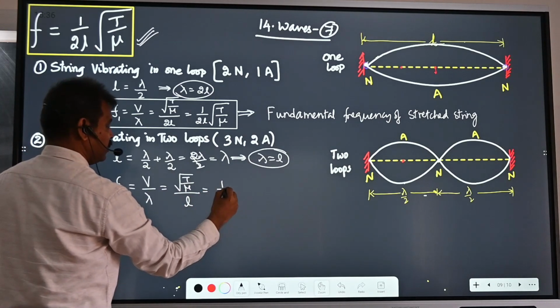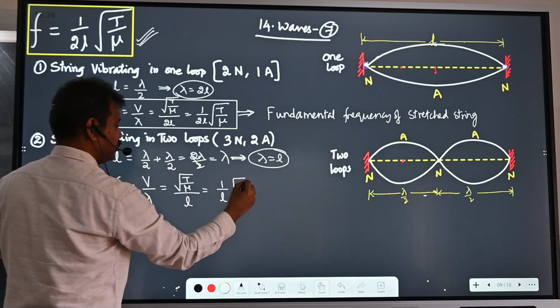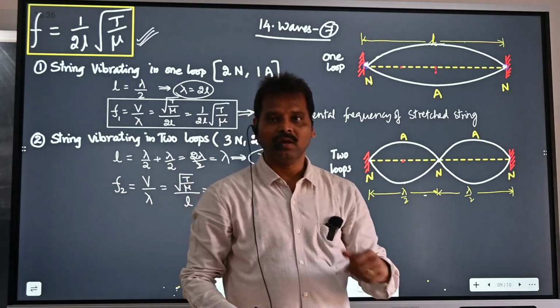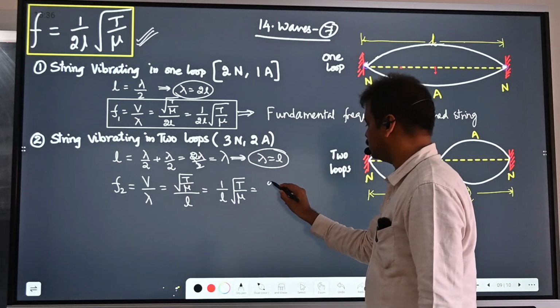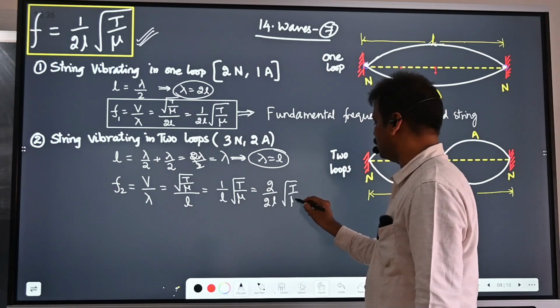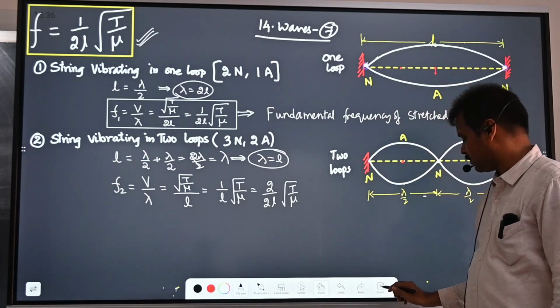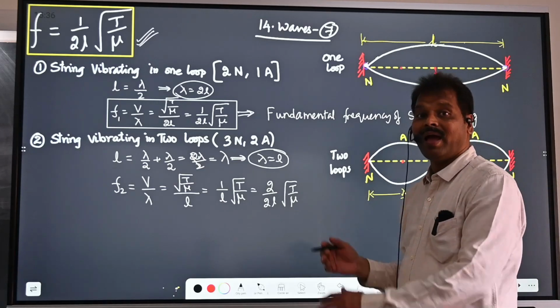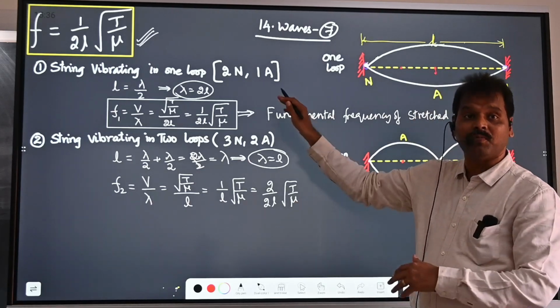So now I can write 1 by L root T by mu. The same thing, students, generally we write this as 2 by 2L root T by mu. Is it same or different? Same only. I just wrote this to compare it with the previous one.